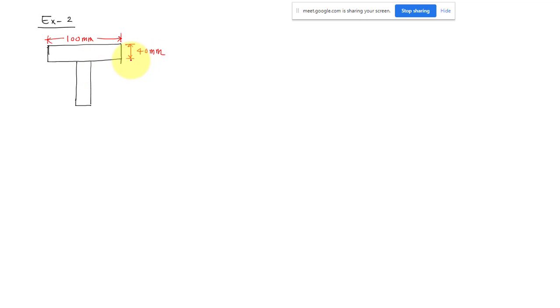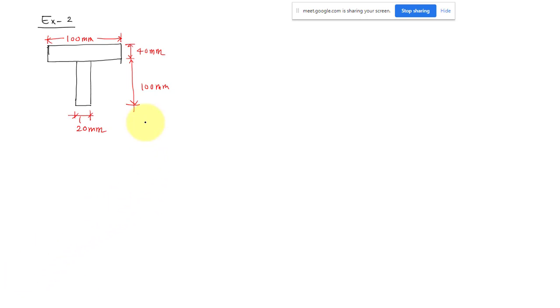And this one I will keep maybe the same, 1100 millimeter, but the web width I will keep less. Width is only 20 millimeter.